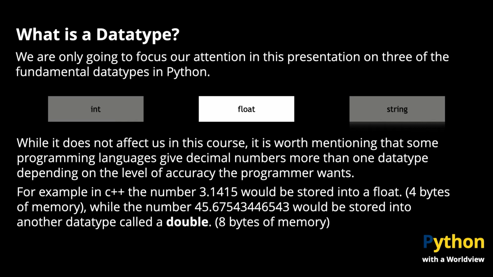For example, in C++, the number 3.1415 would be stored into a float, and that would contain 4 bytes of memory, while the number 45.67543446543 would be stored into another data type called a double, and that would use 8 bytes of memory. Python makes no distinction in decimal numbers, so there is no double data type. Python simply uses float to represent all levels of accuracy.